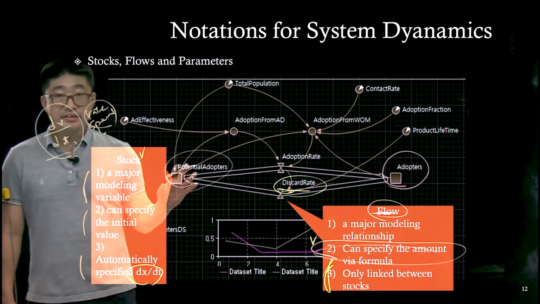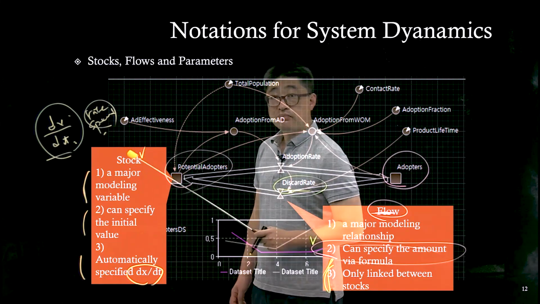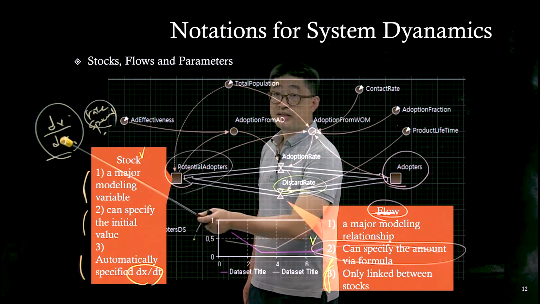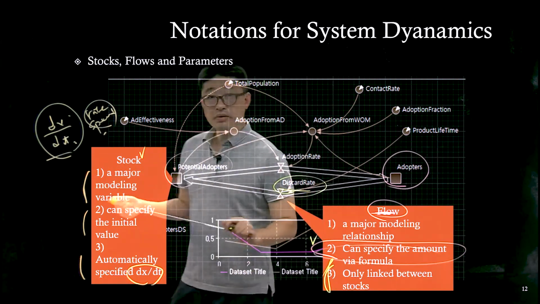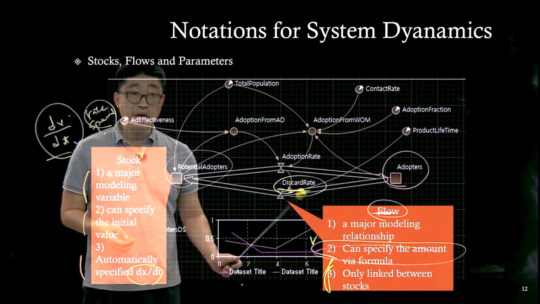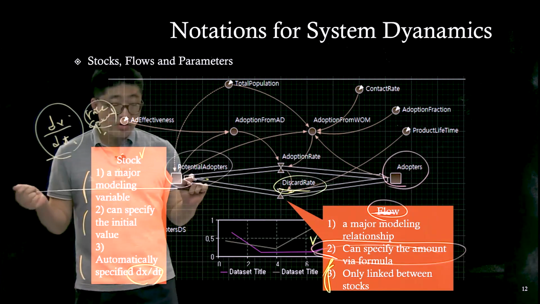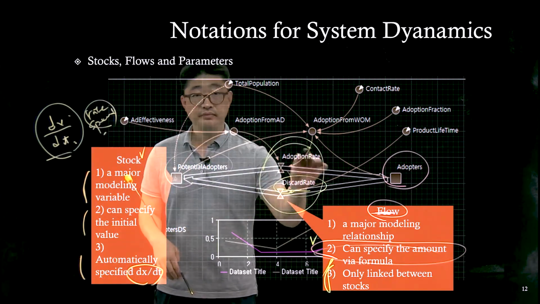Professor, you mentioned that a stock is automatically specified by dx per dt, while the flow maintains the rate, right? However, you see that there are multiple flows here.